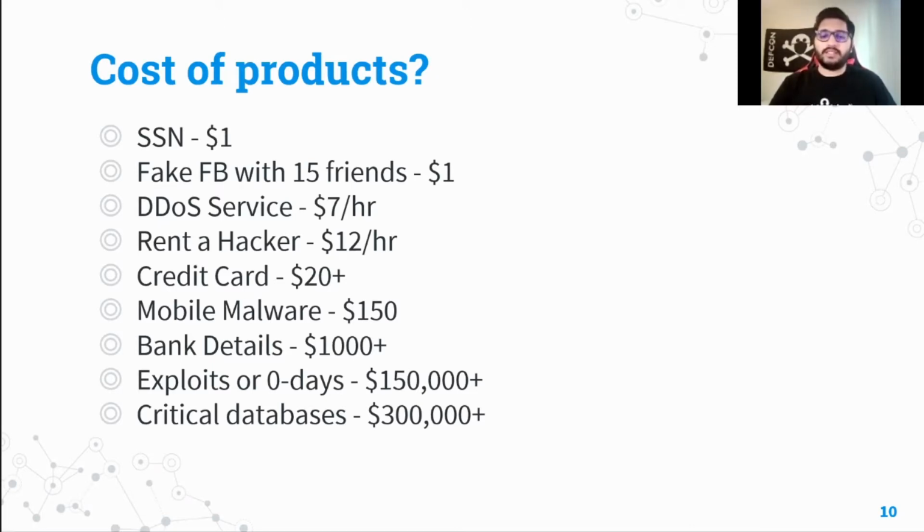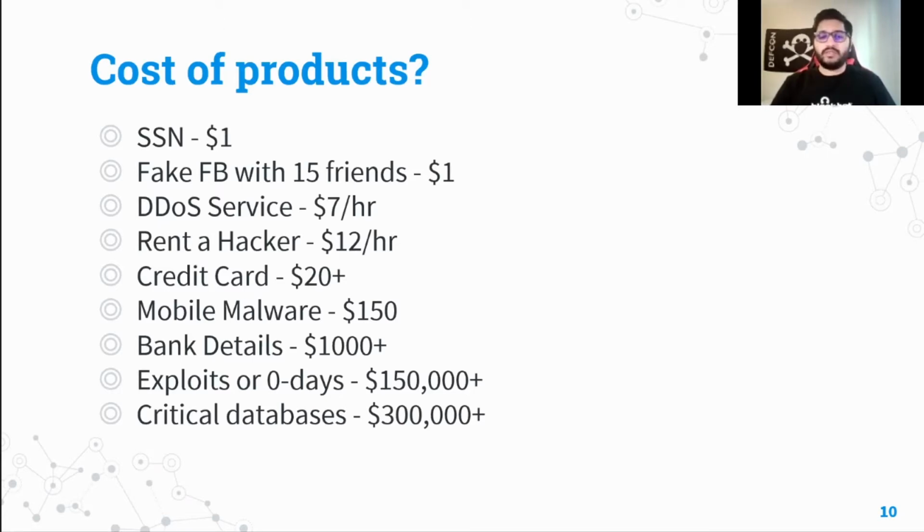Suppose you can get an SSN for $1, or you can get a credit card for 20 plus dollars. The point of showing this is to let you know that it is easy to get many things on the dark web, and that's why researching on the dark web is really important, because if you do it correctly, you can get to know about these things beforehand.